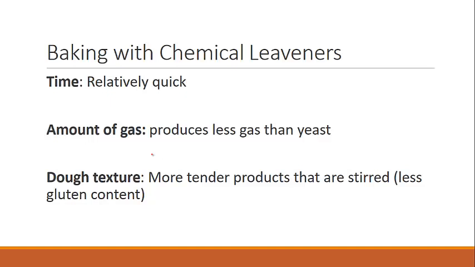With our sweet baked goods, we tend to use a chemical leavener with a flour that has a lower protein content. When you're looking at things like breads and more savory baked goods, you're going to see yeast used with a higher gluten flour.